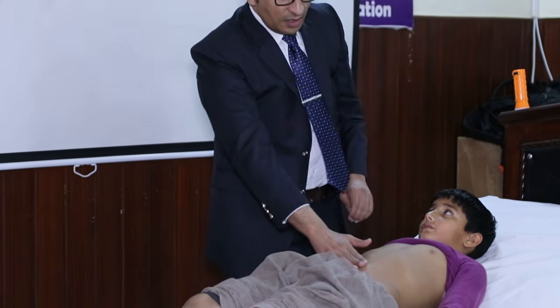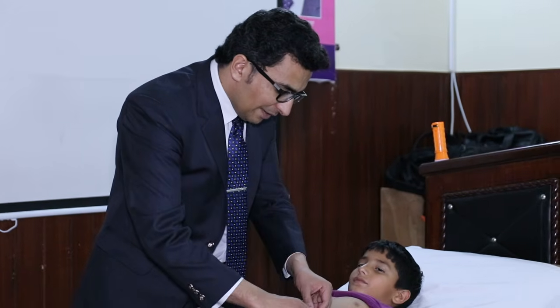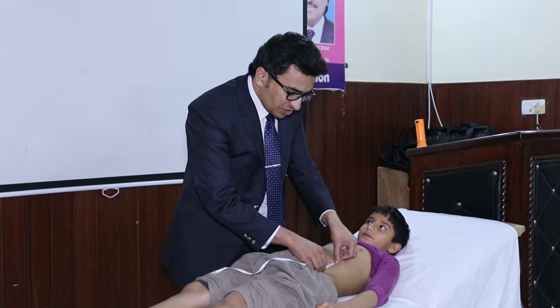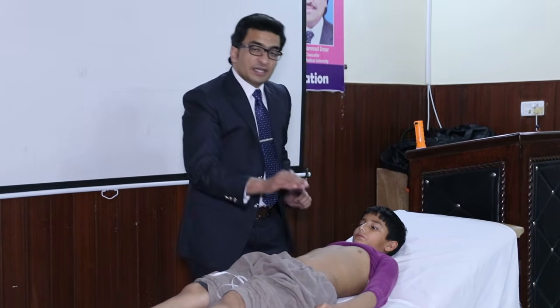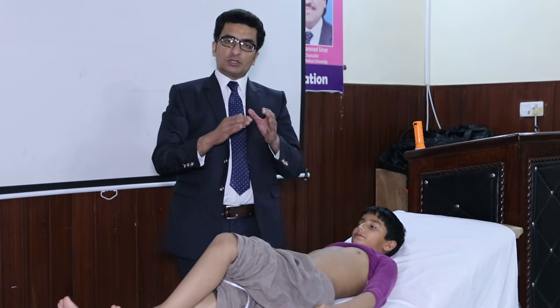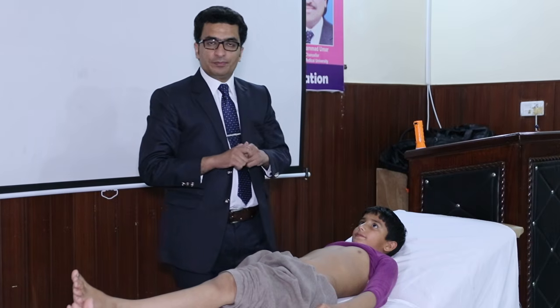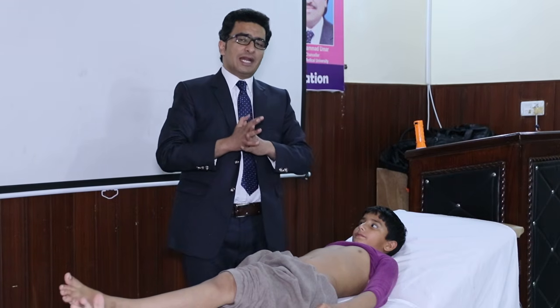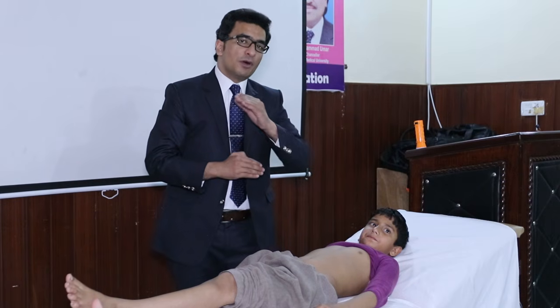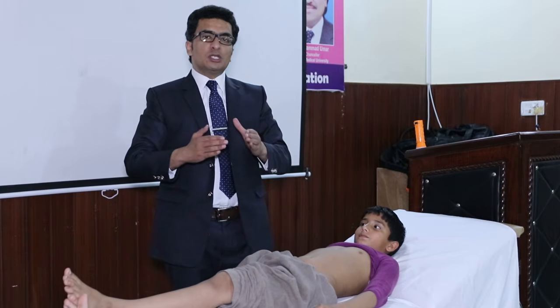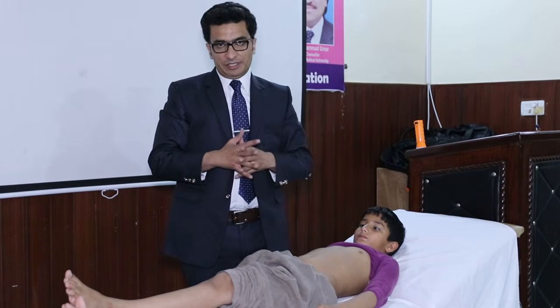Once I feel the lower border of the spleen, I will measure how much it is below the left costal margin, and then I will check the surface of the spleen, is it smooth or firm. I will palpate for the splenic notch and I will make sure that I can't get above the border of the spleen, because when it is splenomegaly, you can't go above the border of the spleen.